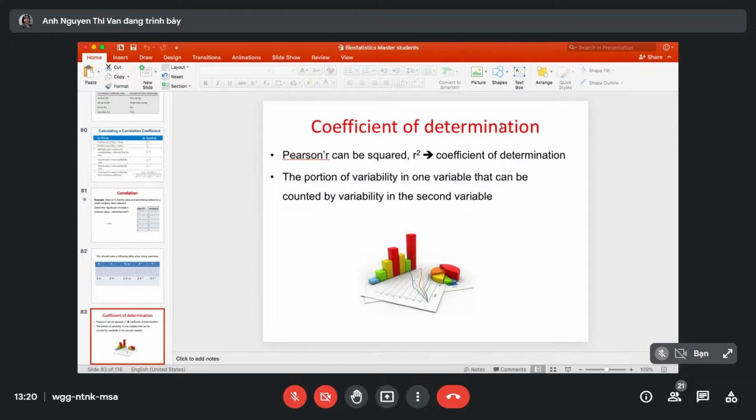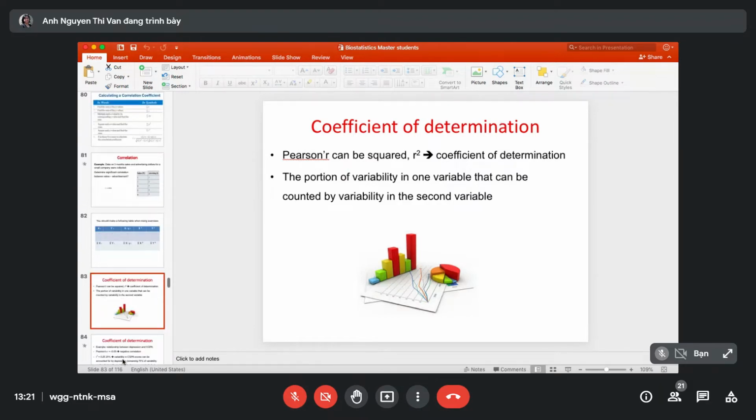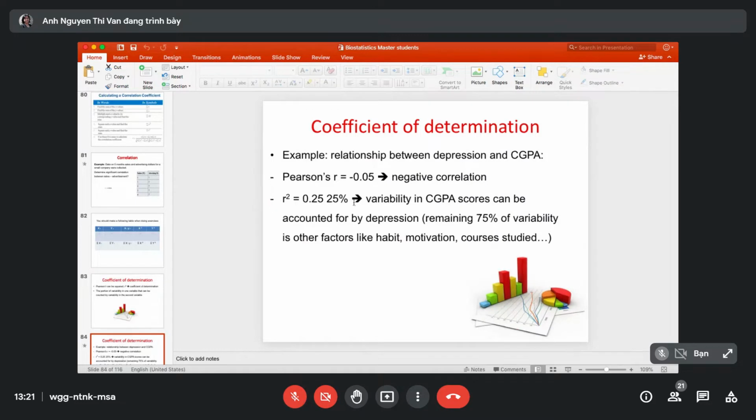The bigger the R square, the more the second variable can explain the variability of one variable. It could be a little bit difficult to understand at the beginning, but if we look at an example, it can be easier for you.